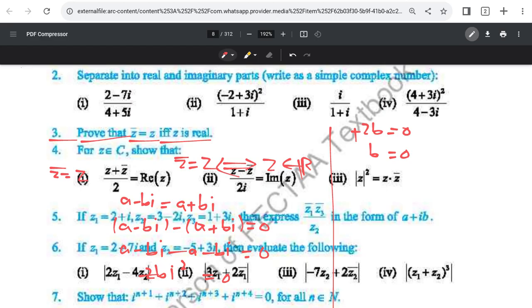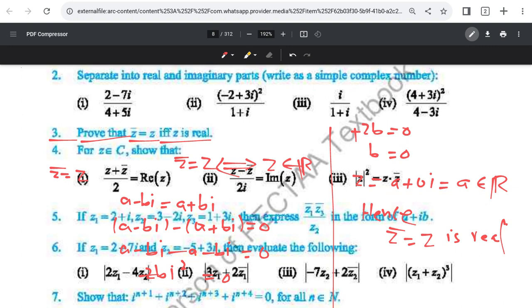Then z is equal to a plus 0i, that is equal to a, and a belongs to R. So this is the first part. Hence we can say that if z bar is equal to z, then z is real.